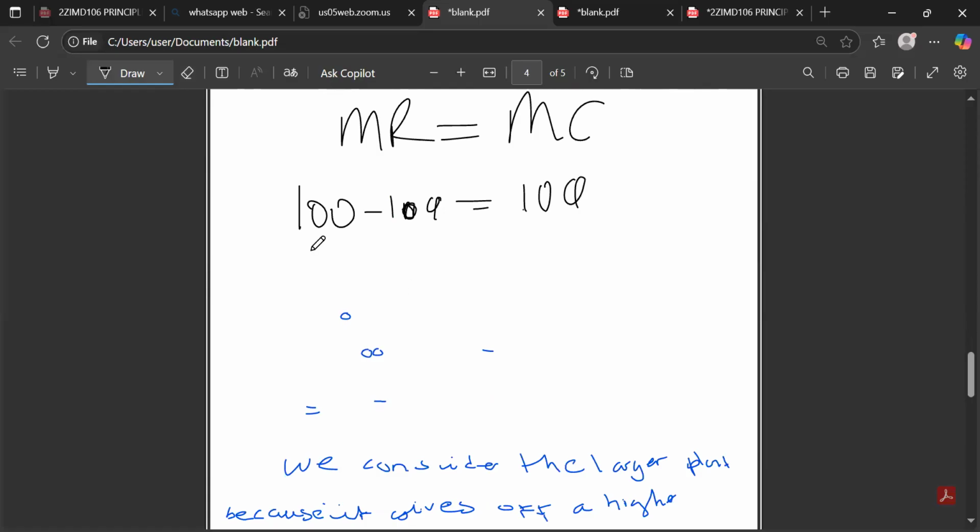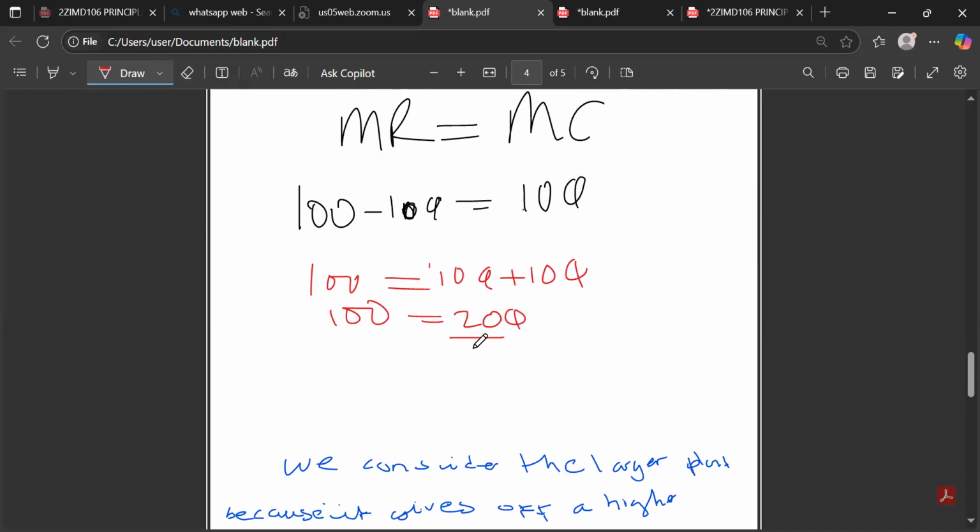So whatever we are going to do here, we will collect like terms. Okay? You understand what I mean? Yes. So it will be 100 is equal to 10Q plus 10Q. So it will be 20Q. 100.